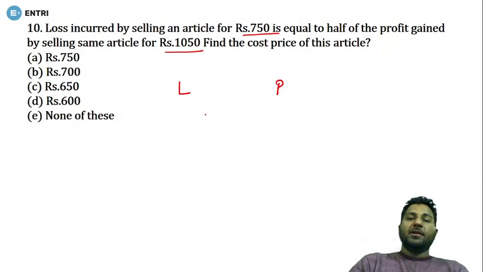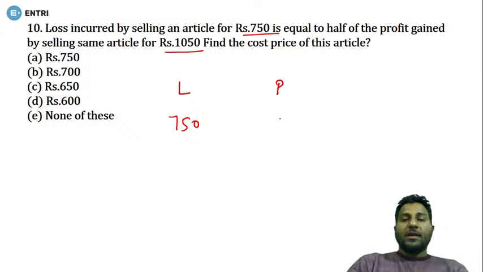So by selling 750 we are getting loss, and by selling 1050 we are getting profit, and loss incurred is half of the profit. That means 1:2.